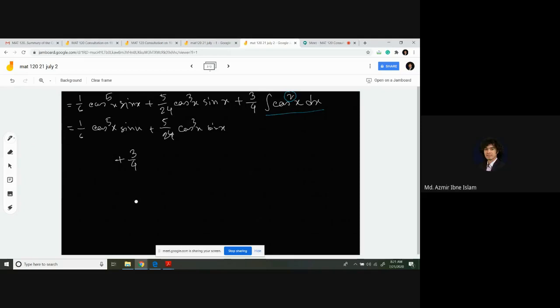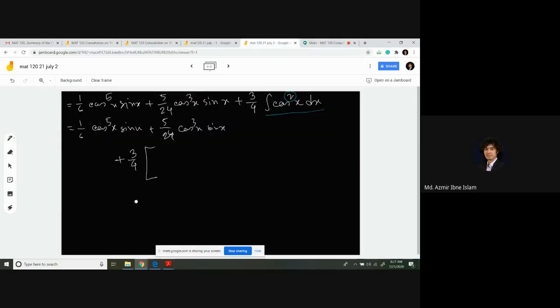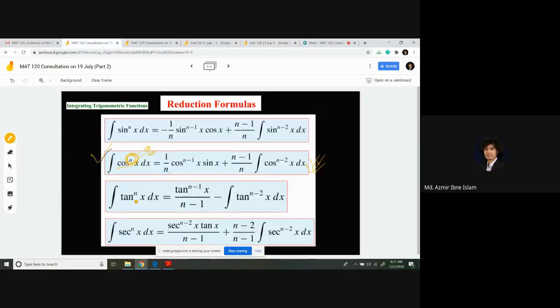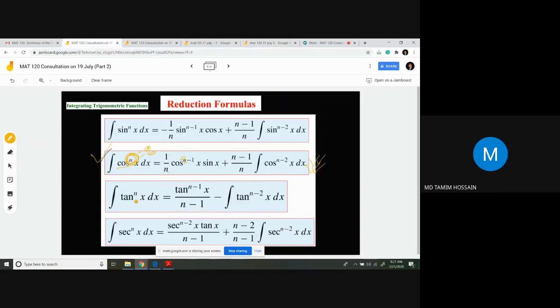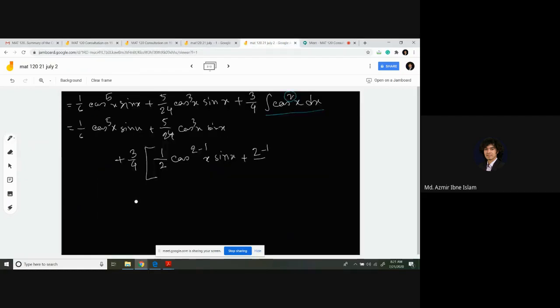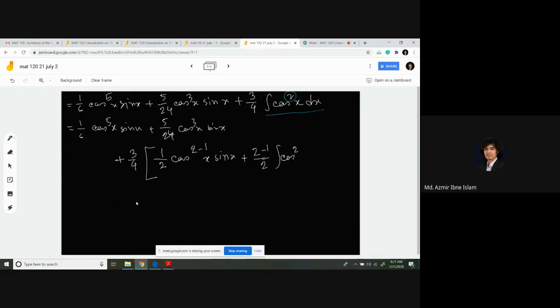So plus 3/4 times 1/n, that means 1/2 cos^(2-1) x sin x, and then plus (n-1)/n, so here (2-1)/2, then the integral of cos^(n-2), so the integral of cos^(2-2) x dx. That is our last step.